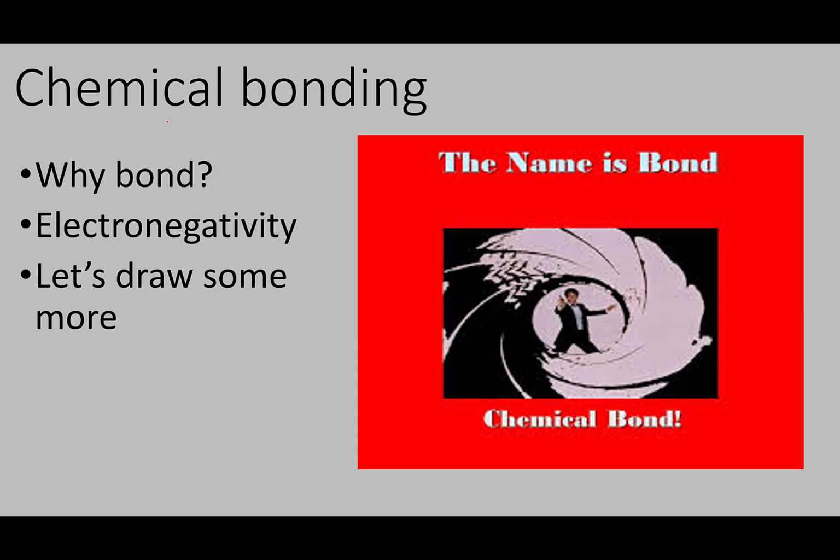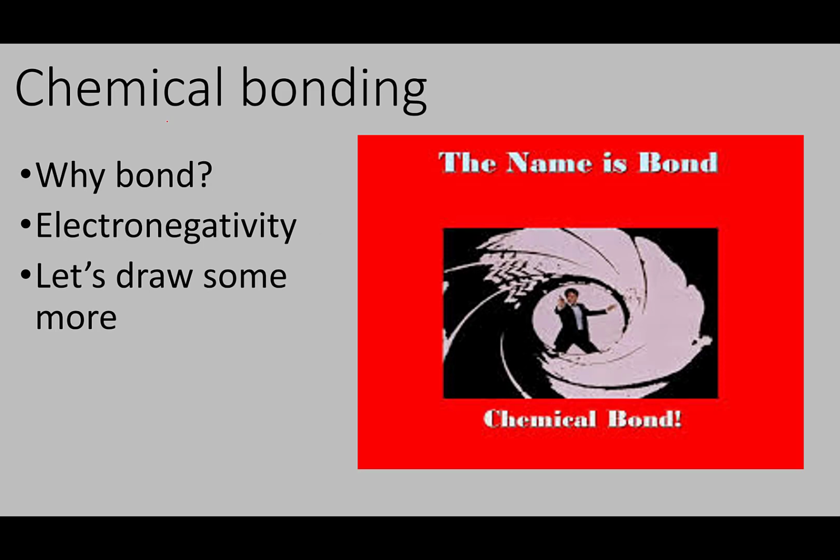Think back to the last lecture. The first shell can hold up to 2 electrons. The second shell and everyone after that can hold up to 8 for purposes of our class. If there is not a full valence shell, then that atom will attempt to get a full valence shell by bonding.